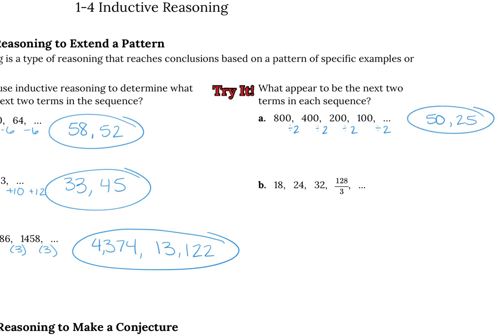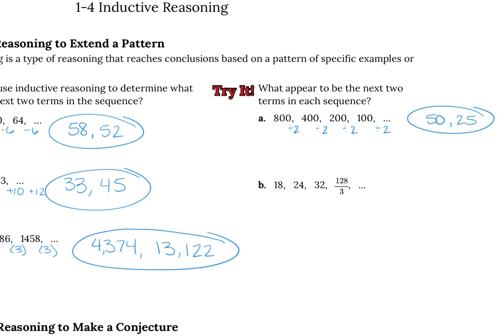Next I have 18, 24, 32, and then 128 over 3. This one's a little bit trickier. We can see that our number is increasing, but it's not quite doubling. So it's going to be increasing by a number less than 2.